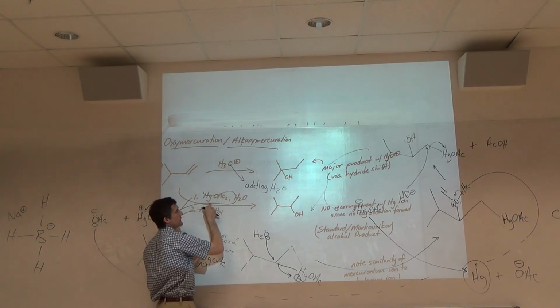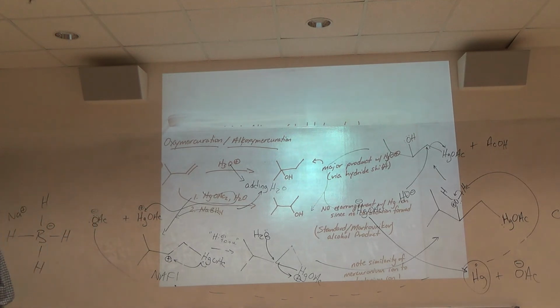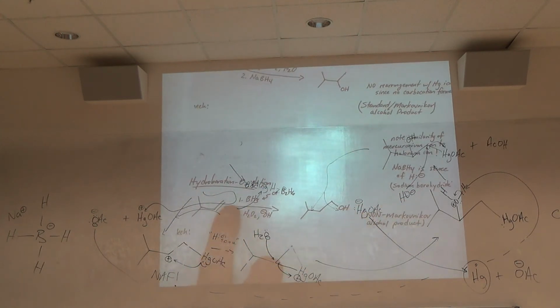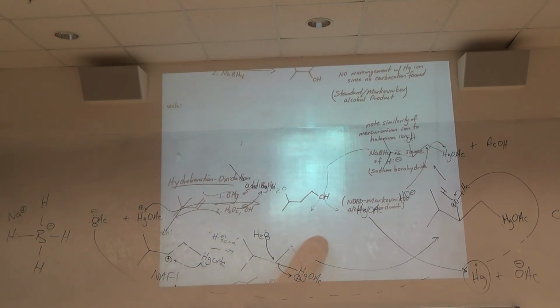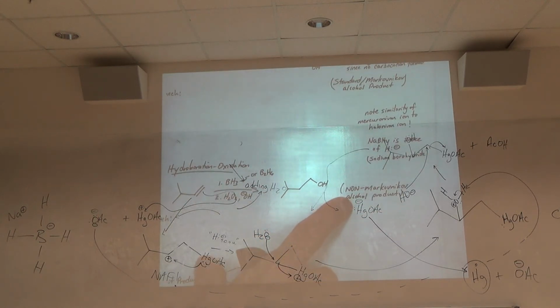What are we adding when we do this? We're adding water, in terms of formula. Those are both hydration reactions, but one has rearrangement, the other one's not. A third hydration reaction is down here, hydroboration oxidation. These reagents ultimately add water to the formula, and you get an alcohol, but they give non-Markovnikov.